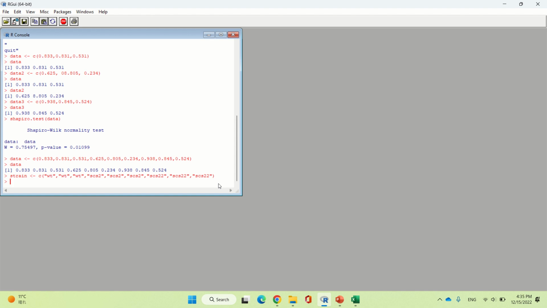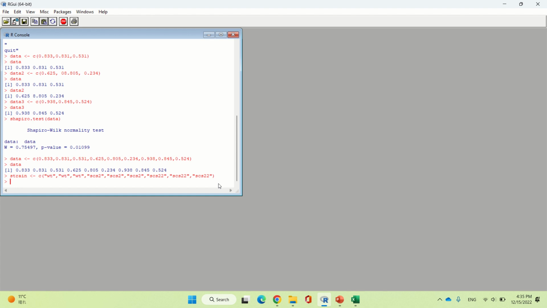Now, if you want the two-way ANOVA, there can be two independent variables. And somehow the treatment, for example, the control, and 1 hour, 1 hour, 1 hour, and so on.